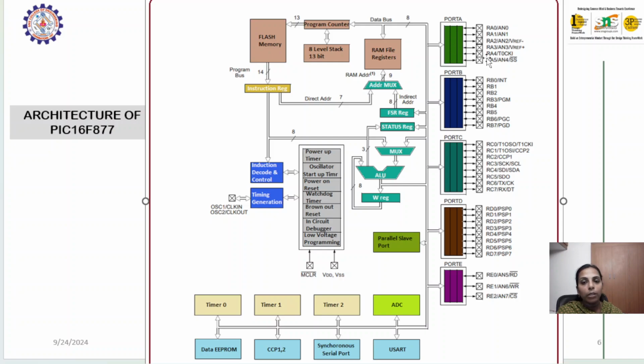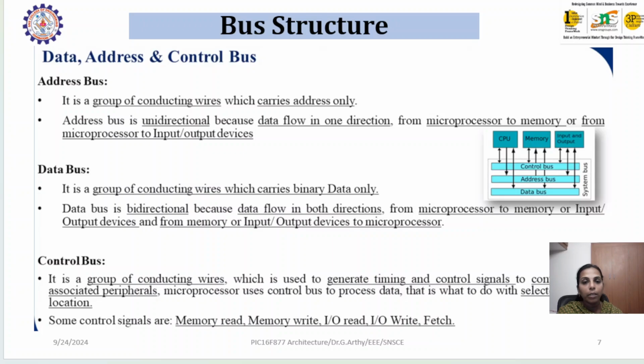Port A is 6-bit, ports B, C and D are 8 bits, and port E is 3 bits. Other peripherals available with PIC16F877 are timer 0, timer 1, timer 2, ADC, CCP, EEPROM memory and serial communication. So this is altogether the architecture of PIC16F877.